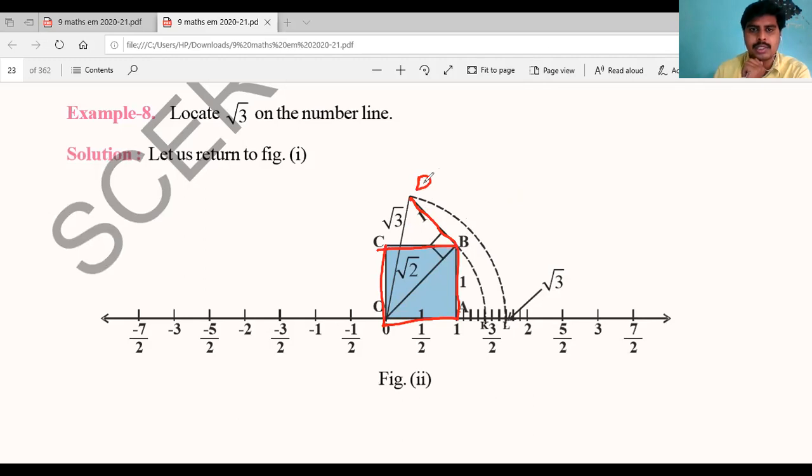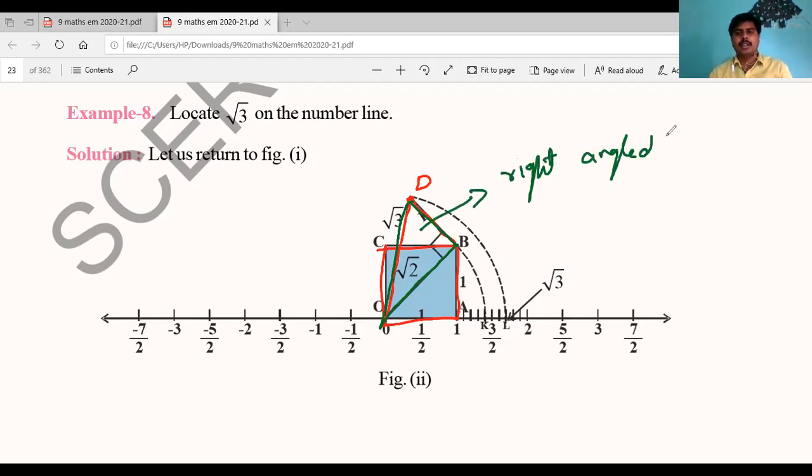This is BD, consider BD, and join this D and O. Now, if you observe here, this DOB is a right angle triangle, where the right angle is at B, Nana.